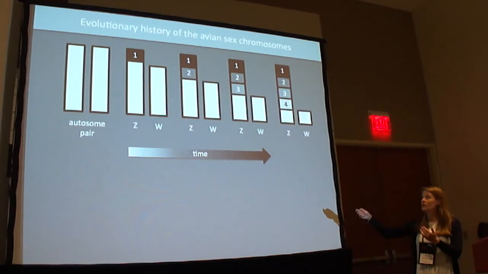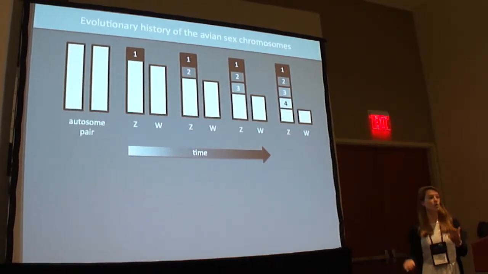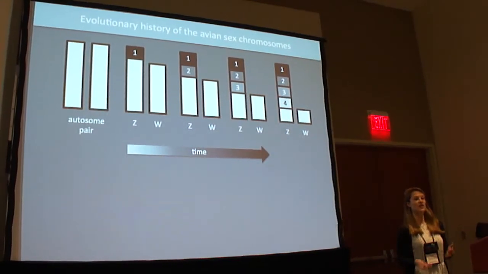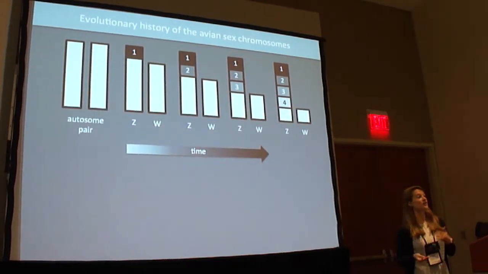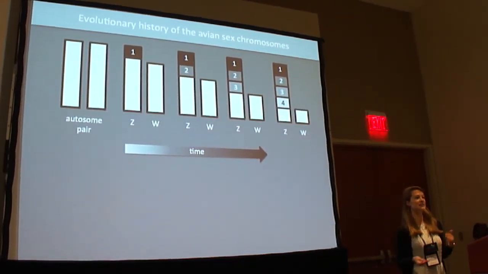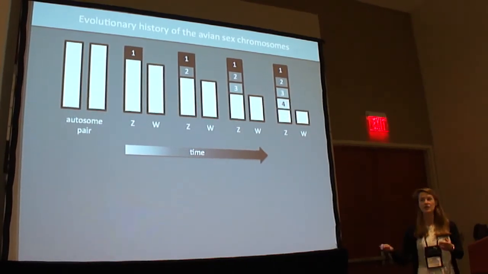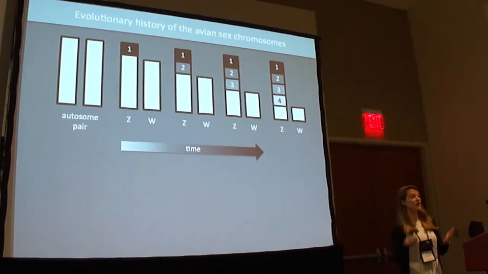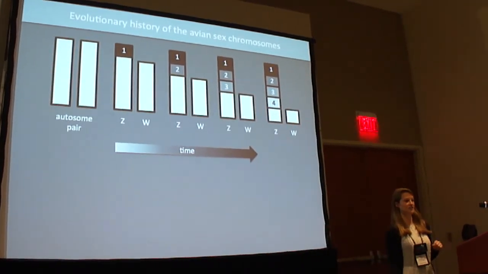So in this example, stratum 1 is the oldest and has been isolated from recombination for the longest amount of time. So you'd expect to see the largest degree of mutual divergence between Z and W orthologs. But in contrast, the youngest region is stratum 4, and this is the youngest and therefore the least differentiated.